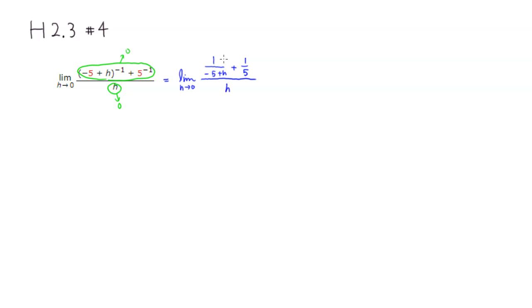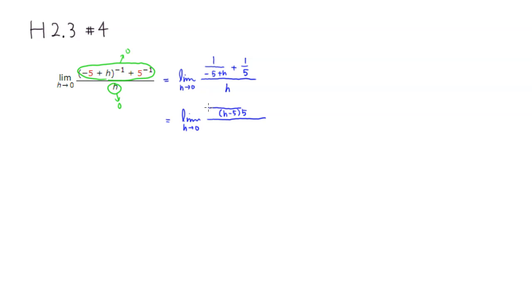Then we're going to use a common denominator to add the numerators together. So h approaches 0, nothing is different. The common denominator: this one gives you h minus 5, so I just change the order, it looks a little bit better, and then you have 5 times 5.